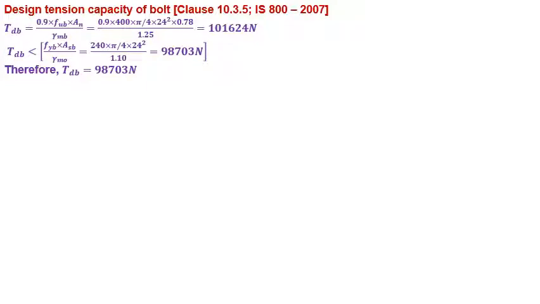Now we calculate design tension capacity of bolt as given in clause 10.3.5 of IS 800/2007, that is TDB equals 0.9 Fub into An upon gamma MB, which comes out to be 101624 Newton. This TDB is less than Fyb into Asb upon gamma M0, that is 98703 Newton. Hence, TDB is taken as 98703 Newton.